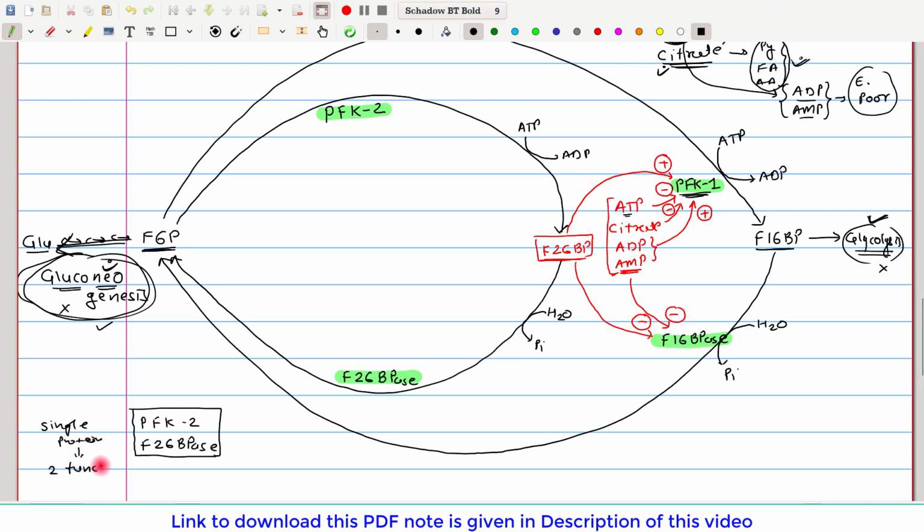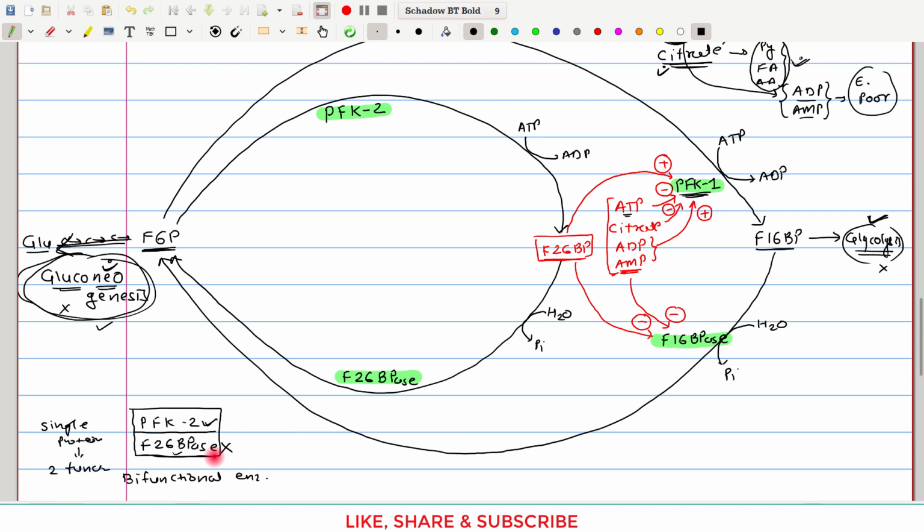One function is phosphofructokinase 2 activity and another function is fructose 2,6-bisphosphatase activity. So we can call this a bifunctional enzyme. Now luckily what happens is that whenever phosphofructokinase 2 is active, fructose 2,6-bisphosphatase is inactive, and whenever fructose 2,6-bisphosphatase is active, phosphofructokinase 2 is inactive.